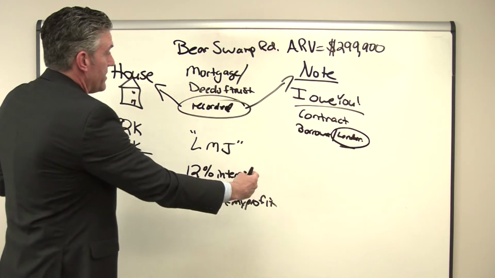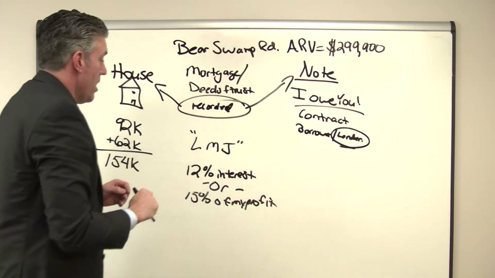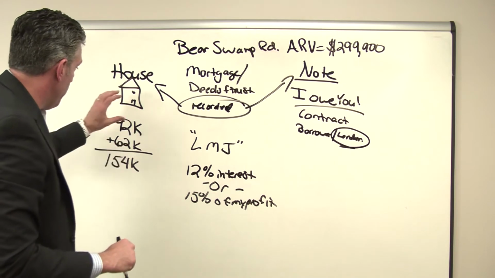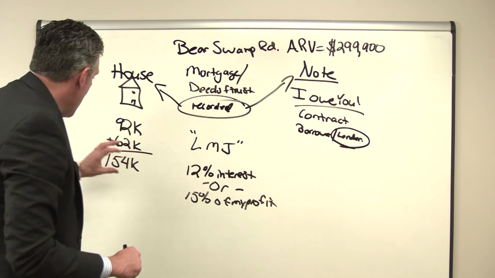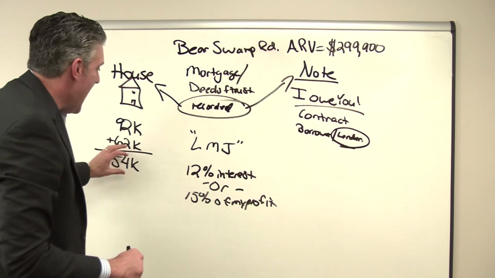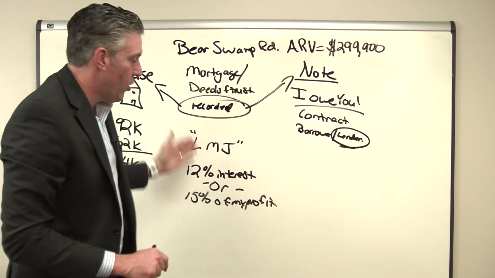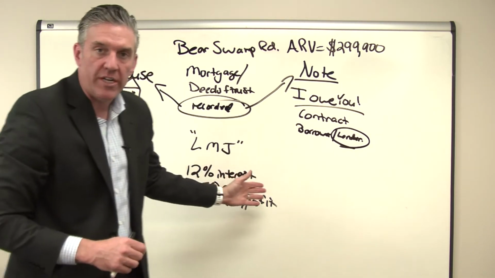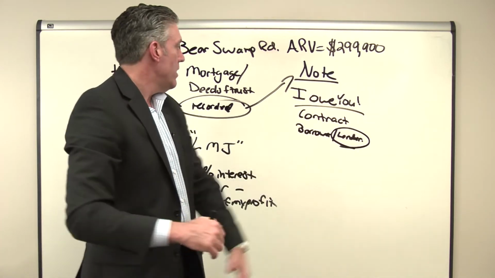So on a deal like this, the family who's funding Bear Swamp Road, they gave me $155,000, right? Enough to cover purchase plus rehab plus $1,000 extra, you know? $155,000. And I gave them a note, a mortgage, and all the legal mumbo jumbo says, hey, I'm gonna pay you, Mr. Lender, 12% interest on your money, or 15% of my profit, whichever's higher, okay?